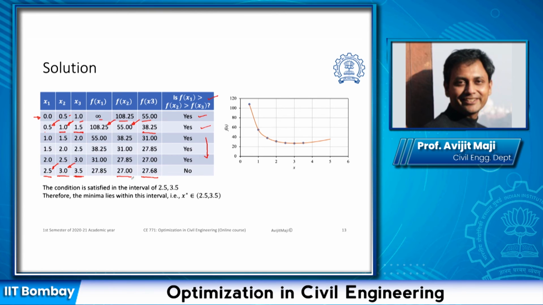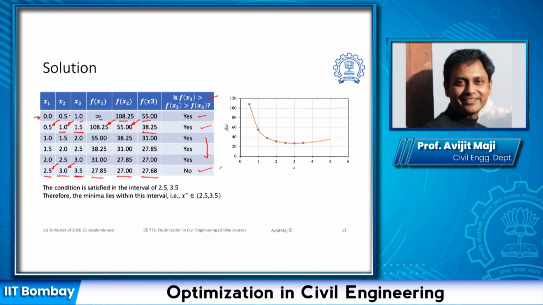So it is clear that my function value at x2 is lesser than the function value at x1 as well as the function value at x3. So we cannot go any further. We need to terminate the process. This condition is not satisfied.